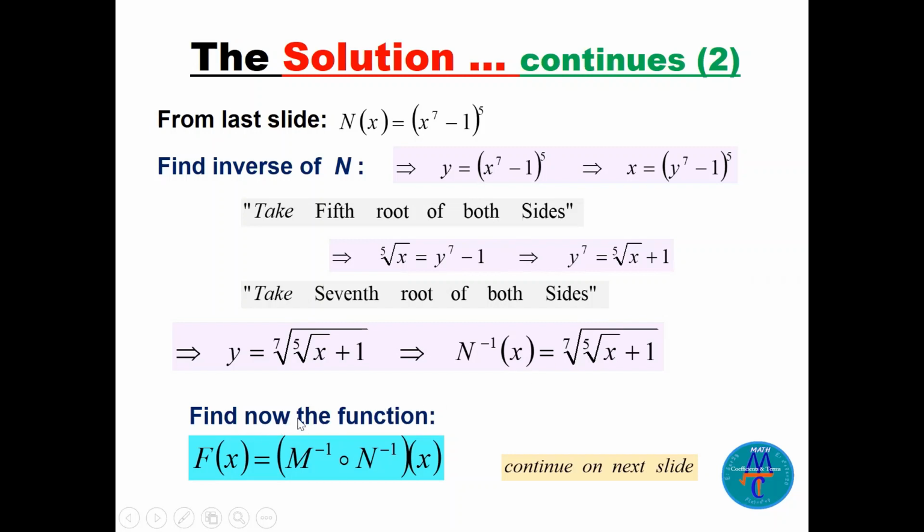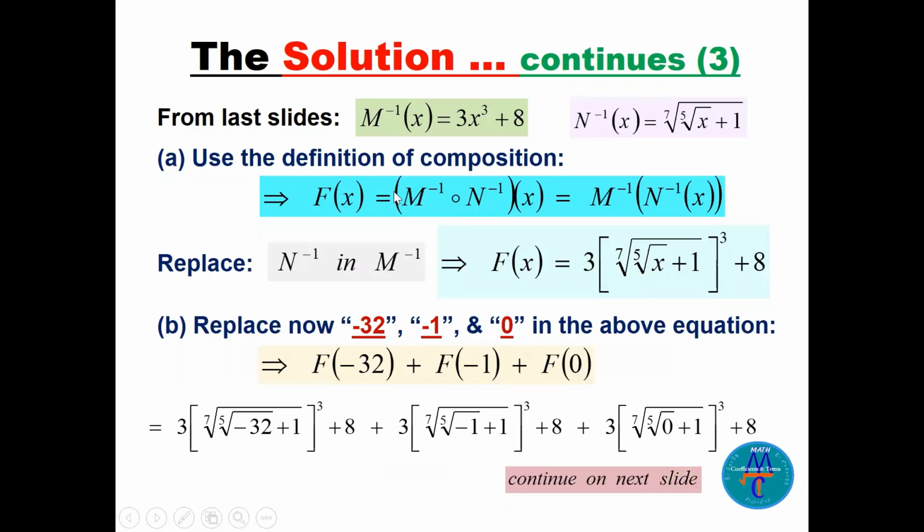Now find the function capital F, m inverse circle n inverse of x. We continue on the next slide. This is m inverse, and this is n inverse. Now use the definition of composition. So the function F of x equals m inverse circle n inverse of x, which will be m inverse of n inverse of x.